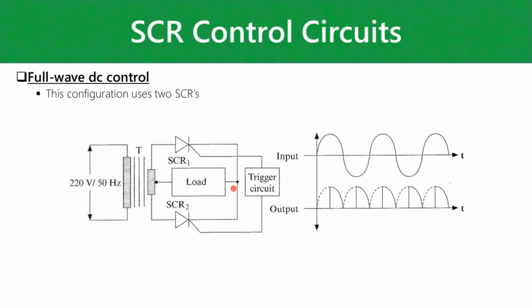Full wave DC control is essentially just a full wave rectifier making use of SCRs. The example that we have here is a center tap transformer configuration. You can also do a bridge rectifier configuration. The bridge rectifier configuration has a few advantages.